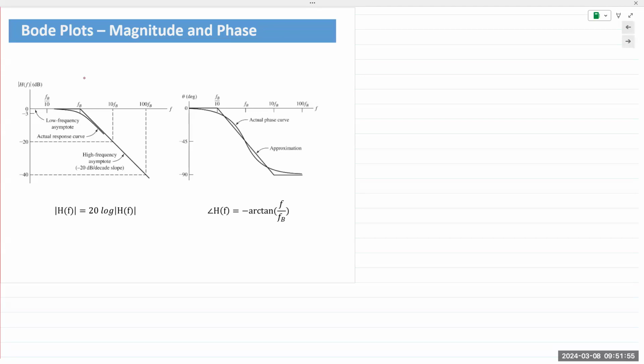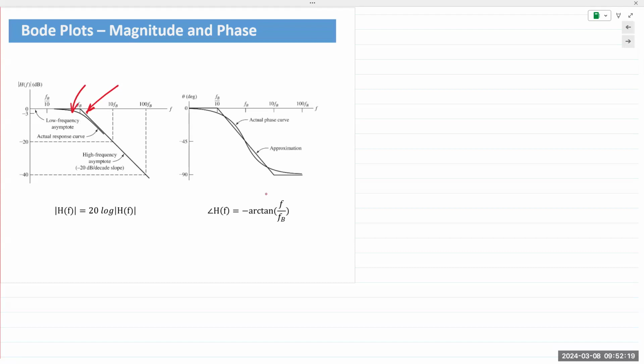And so manual plots like these, let's say this was the actual frequency response. This would be a manually plotted Bode plot. It would simply be a straight line approximation of the filter response.